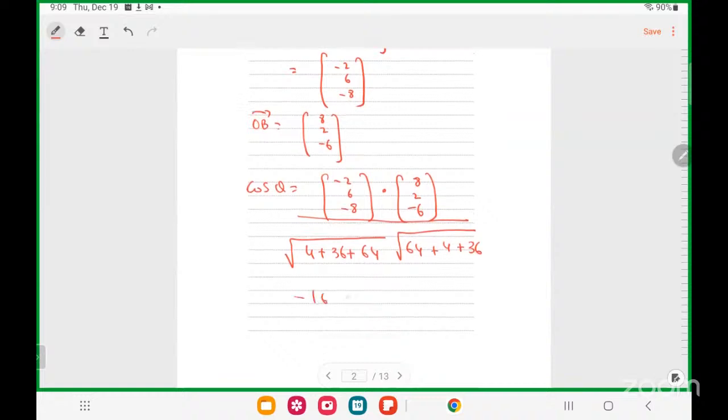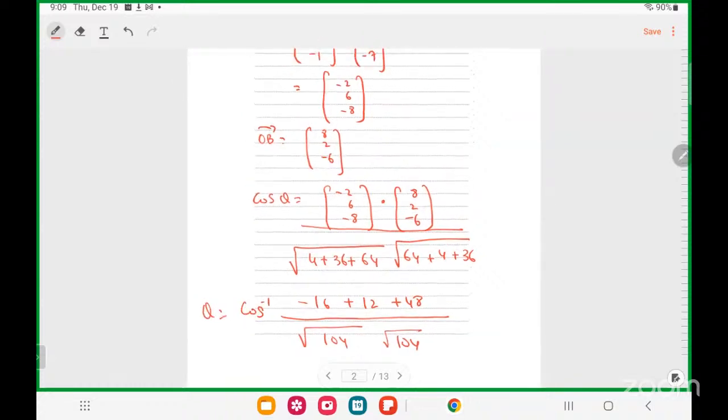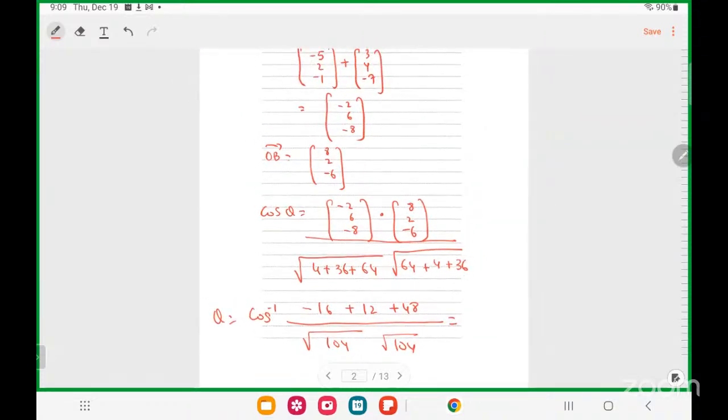So this turns out to be (-16 plus 12 plus 48) upon 104, that is 44 upon 104.